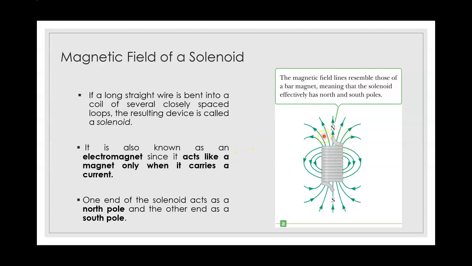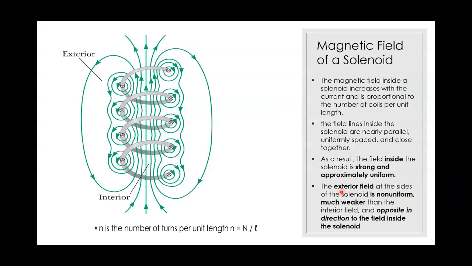Bila dia hanya akan bertindak sebagai magnet bila dia carries current. It is also known as an electromagnet since it acts like a magnet only when it carries a current, yang saya kata tadi. One end of the solenoid acts as a north pole and the other end acts as a south pole. Inilah solenoid.